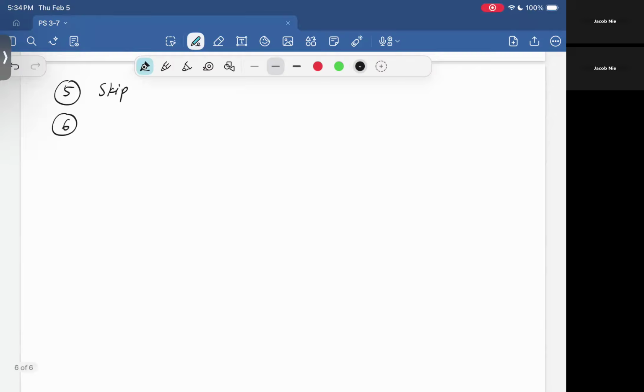We're also skipping 7, right? So a cylindrical package is to be sent by postal service. Cylinder. Let's call it R and H. Or I'll say L, right? Like length.